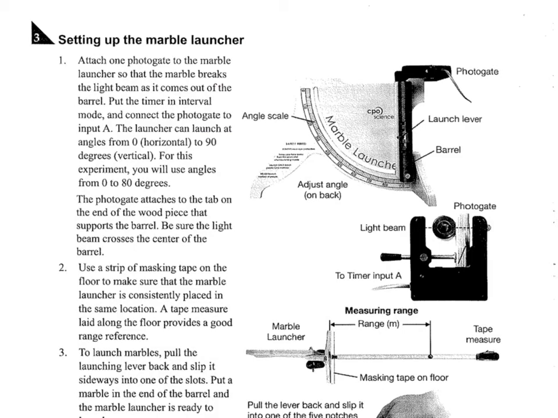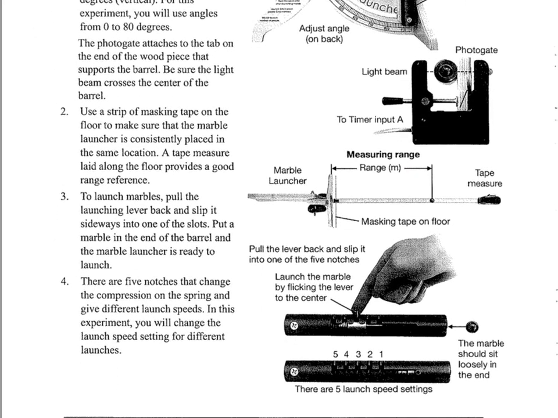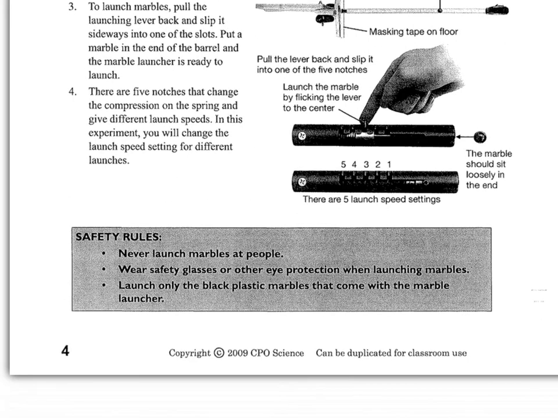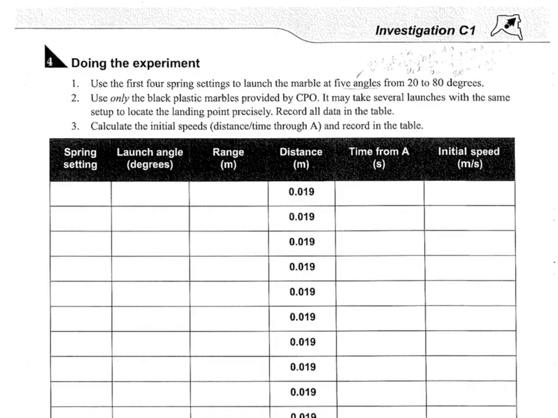Okay, this page is showing you how to set up the PhotoGate and set everything up. It's very similar to yesterday's experiment where you have the tape measures or the meter sticks on the ground to mark your range. Now here, unfortunately, my note up in the corner is hard to read, but what it's trying to tell you is that you need to use 4 different spring settings. So you need to do launches at notch 1, notch 2, notch 3, and notch 4.